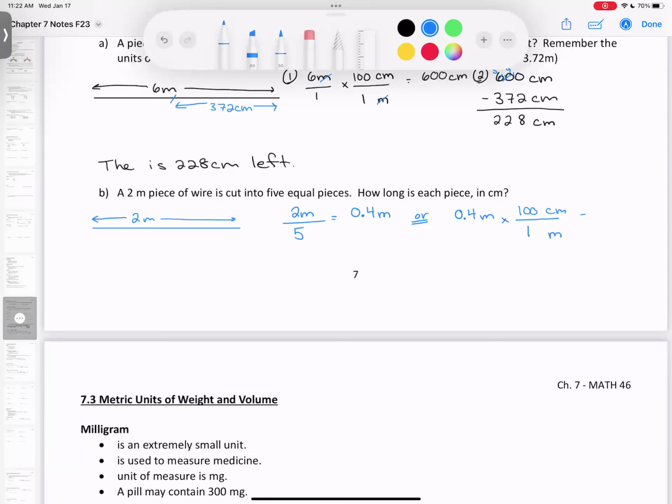Our meters are going to cancel here, and that's going to give us 40 centimeters. So here, each piece is 40 centimeters. And that's the end of 7.2.